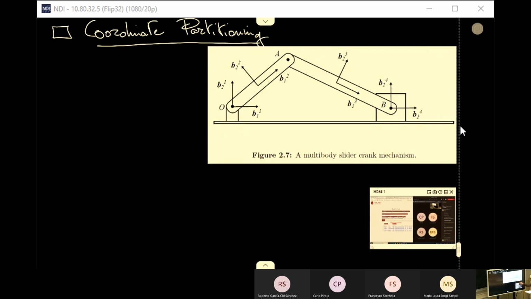It's composed of 4 bodies, which we can directly number here: body 1, body 2, body 3, and then body 4. As I was anticipating, it's a mechanism that converts rotary motion into translation.